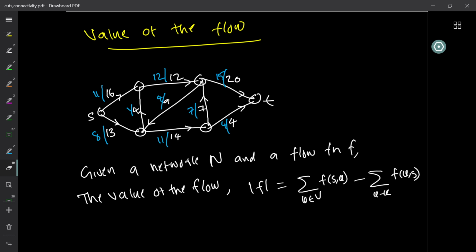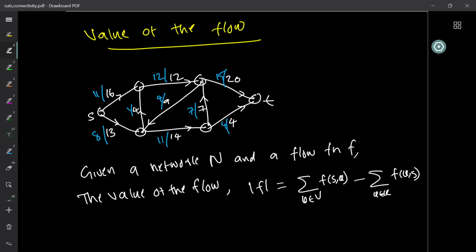Then you see if there could be some incoming arcs also, sometimes, and then you subtract the summation over all v in V of f(v,s). So all the incoming flow must be subtracted, and this is the value of the flow.